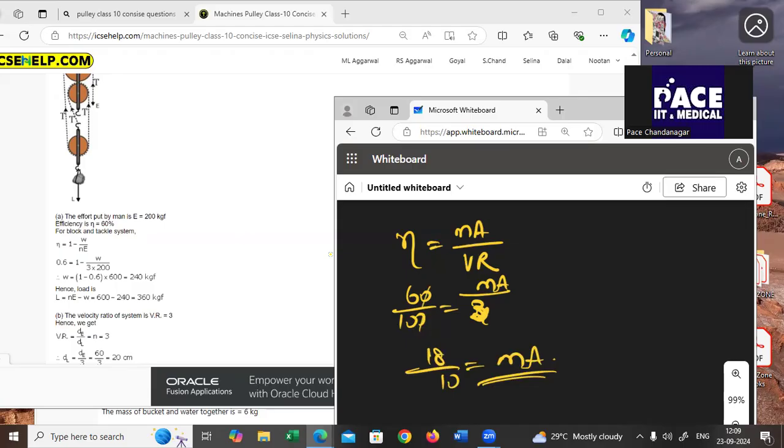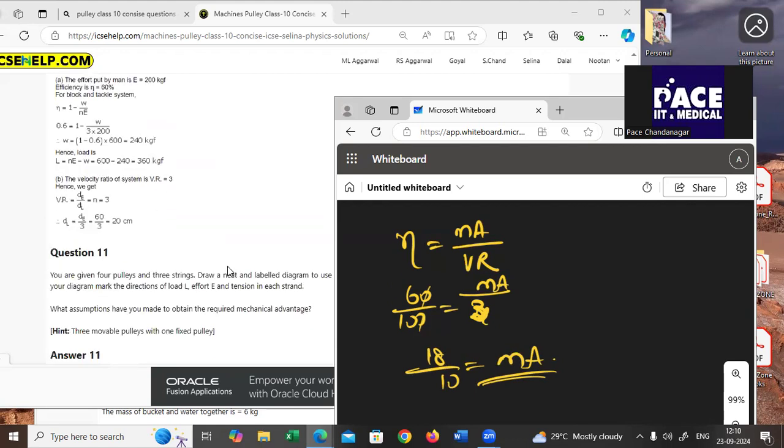So that is how you can find out your mechanical advantage, and your load is N times E minus W. Or I would say this is nothing but 100%. 100% you take it as 1 minus this. Then velocity ratio is 3. So velocity ratio is nothing but distance of the effort arm by distance in the load arm, which is 3.